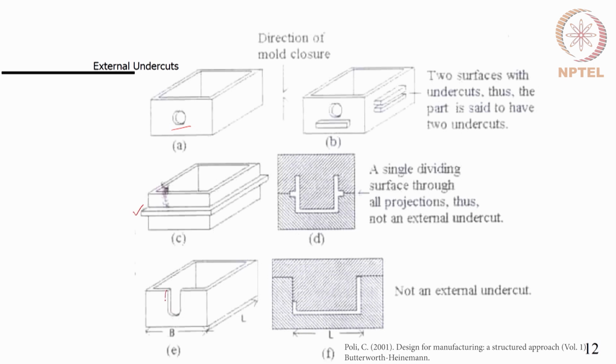This is not an external undercut, as again we can see this is placed along the parting line, and thereby it can be made with the mold feature in the mold opening and closing direction itself. So, such features need to be machined on the cavity side, and thereby they are external undercuts.